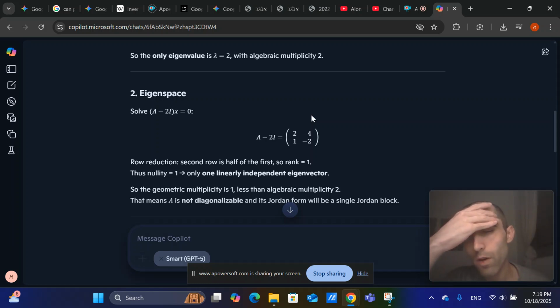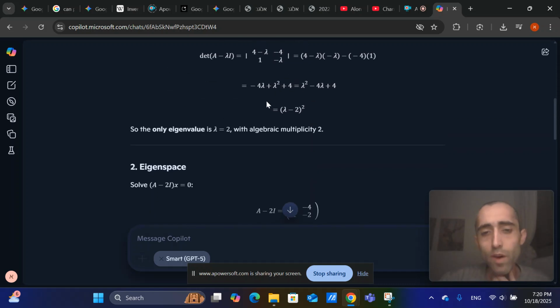We have only one eigenvector that is related to the eigenvalue 2. So of course, this matrix is not diagonalizable as the algebraic multiplicity does not equal the geometric multiplicity.